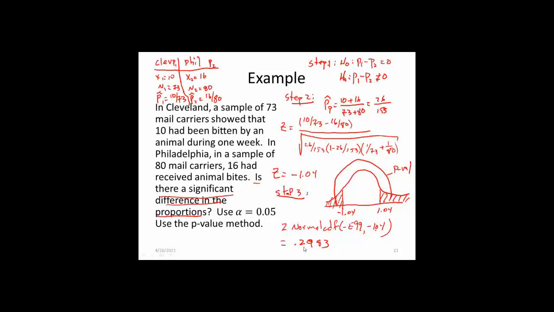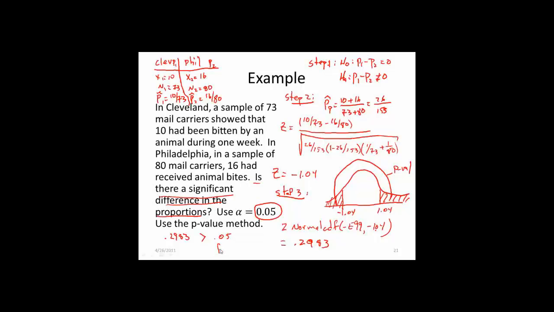All right, so our p-value then is 0.2983, so we need to compare 0.2983 to our alpha level of 0.05. So what's the relationship between these two numbers? 0.2983 is greater than 0.05. So our conclusion, do we reject or fail to reject?